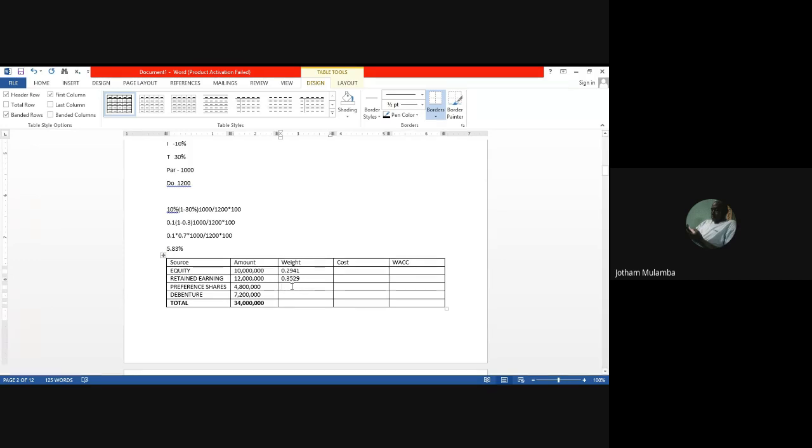We move on to the preference shares. That's 4,800,000 divided by 34 million. What's the answer? 0.1412. We go to the last one.